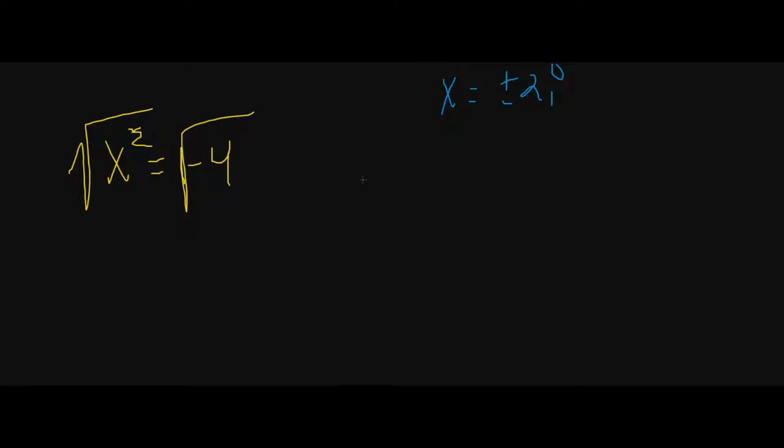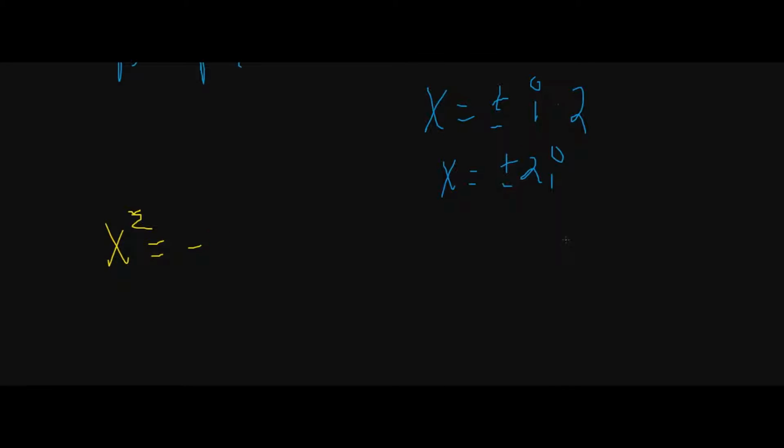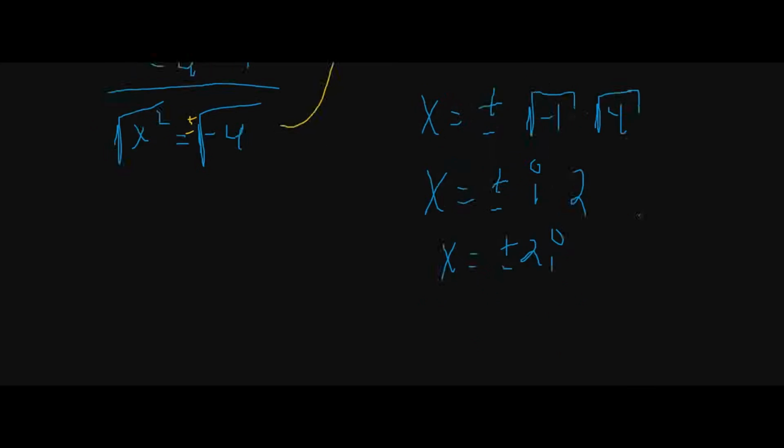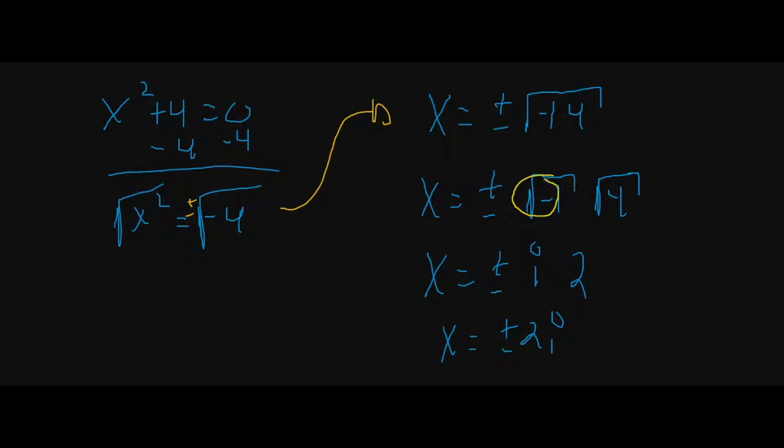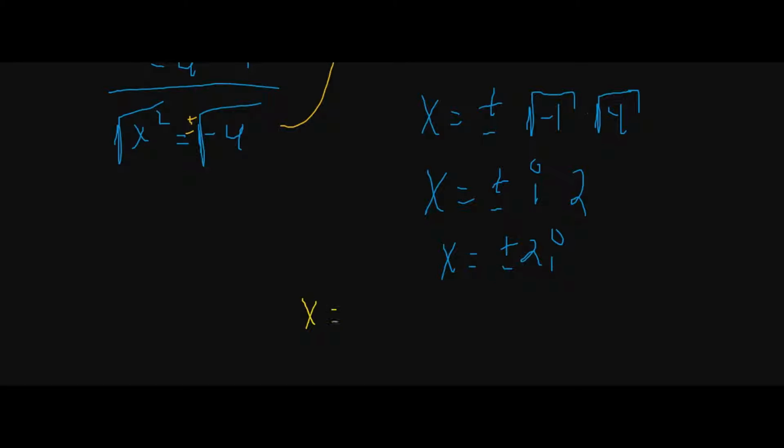The only way that we can get i, this imaginary number, is when we take the square root of -1. So if we have a root which is 2i, by default that means we also must have -2i. They come in pairs.